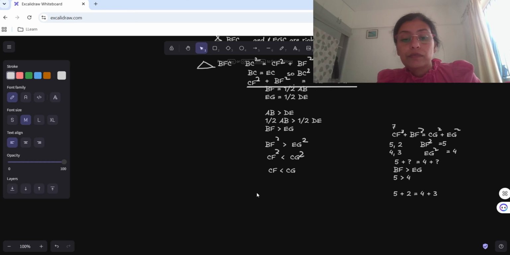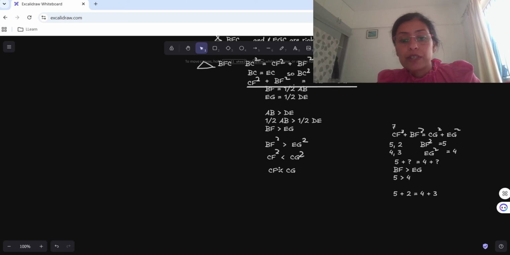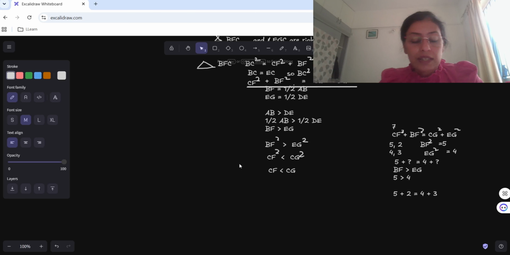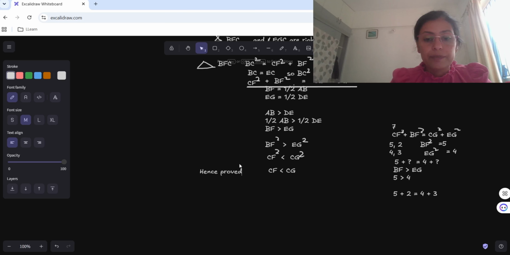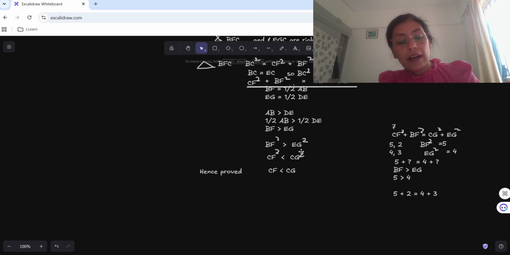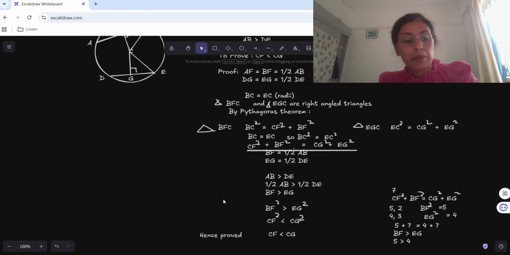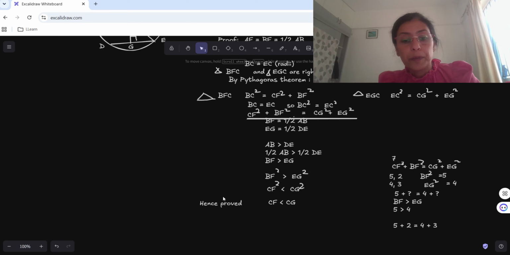That is why we have said that CF square has to be less than CG square. Because BF square is greater than EG square, CF square has to be less than CG square, and this means CF has to be less than CG, right? So this is proved. Just like this example I have given with 5 and 2, you can also try multiple examples on your own, right?